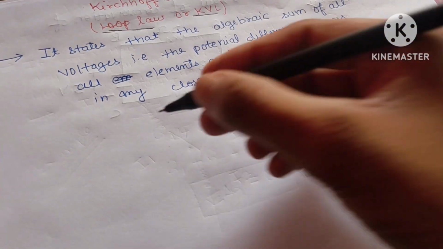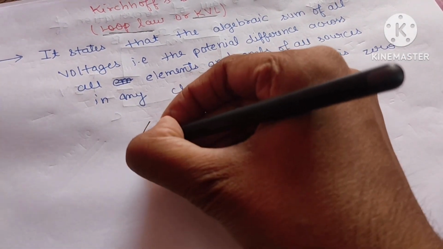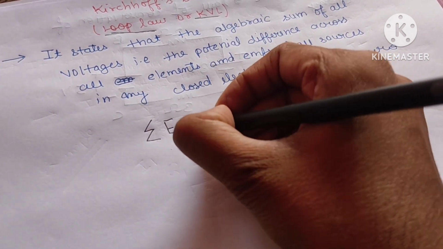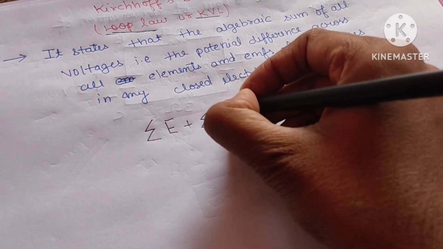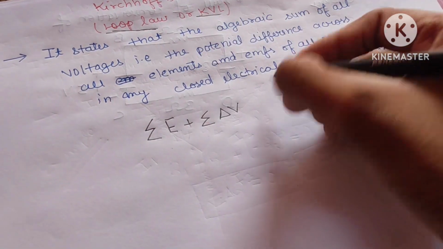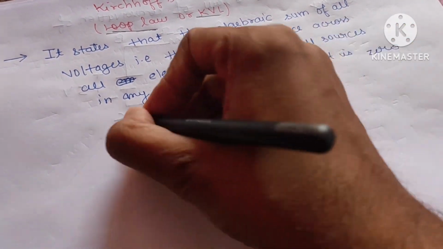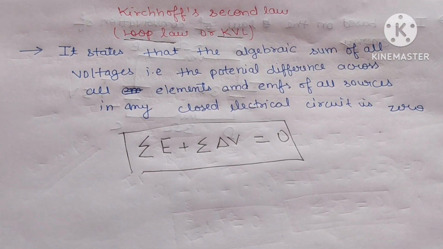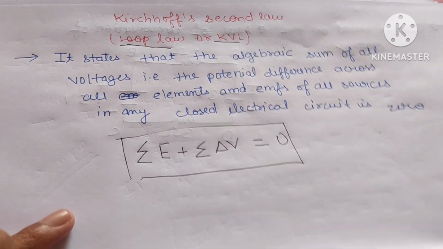What it means is that the sum of the EMF and the potential across all the elements in a closed circuit will be 0. Let's understand it better from a question.